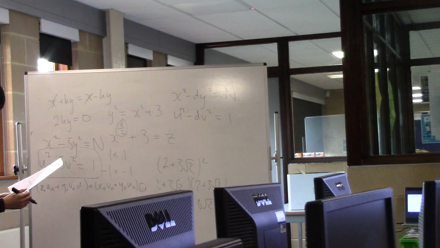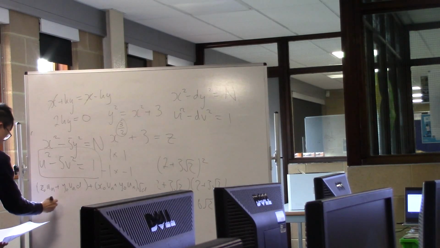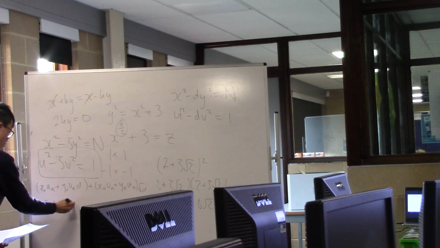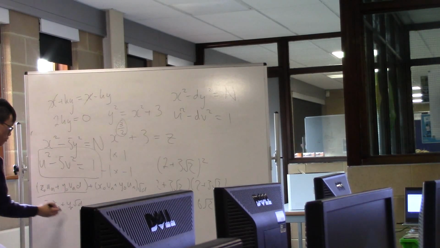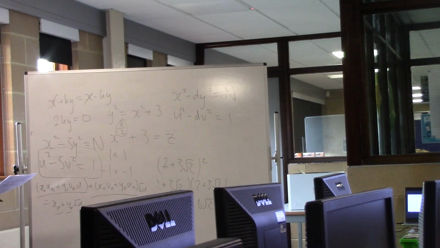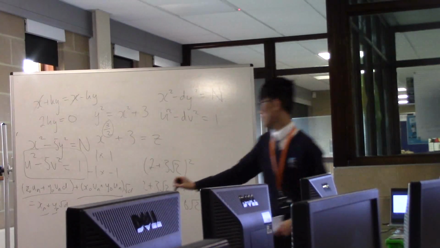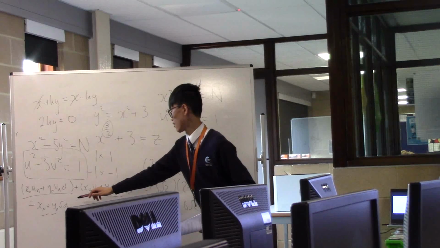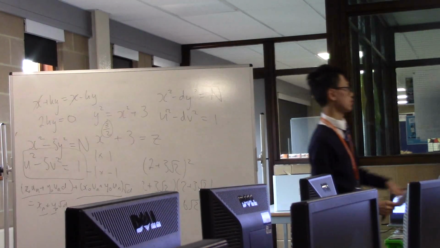We can then plug this in, because this is equal to xp plus yp root d. So we can compare coefficients and say that this part here is equal to xp and this part here is equal to yp. We can then plug these expressions for xp and yp back into here.